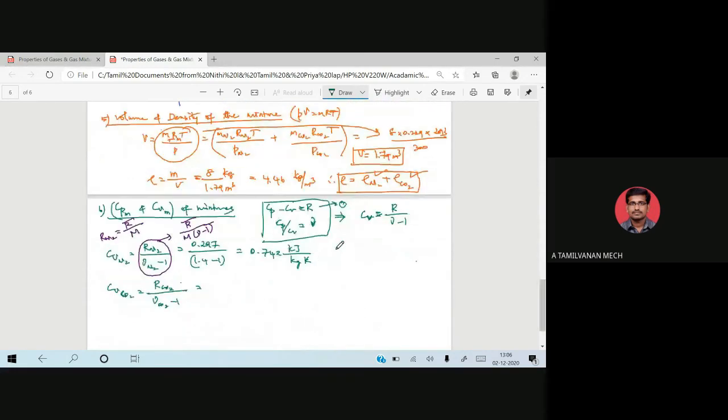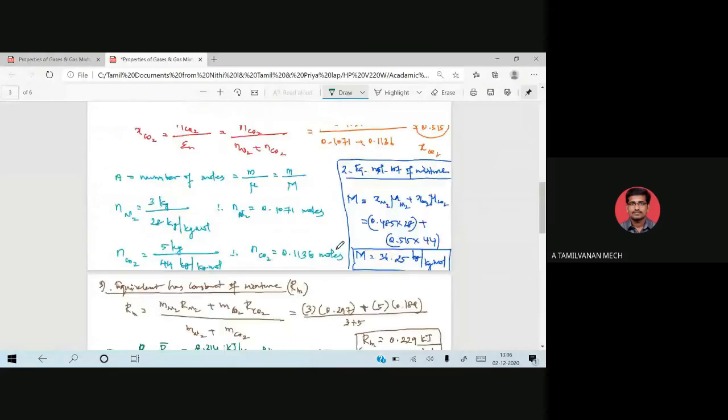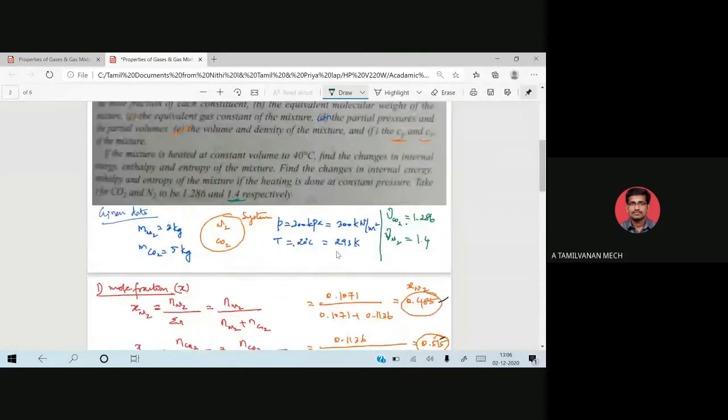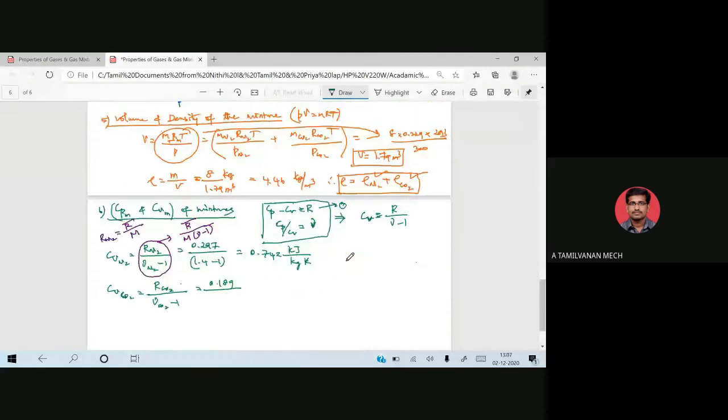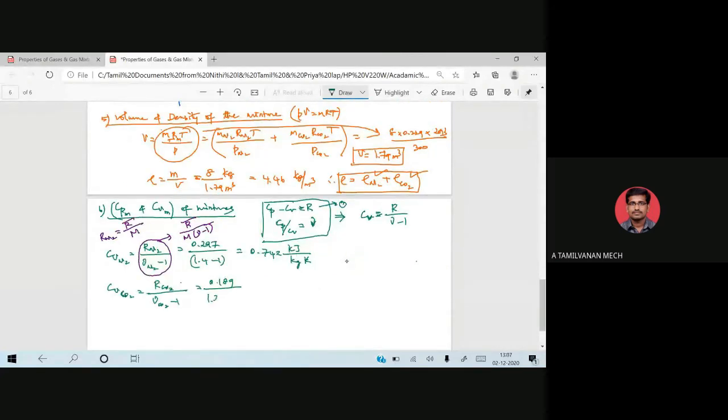So this is equal to 0.189 divided by gamma of CO2, which was given in the problem, gamma of CO2 equal to 1.286, minus 1. After substituting the values, we get a value almost equal to 0.661 kilojoule per kilogram Kelvin.